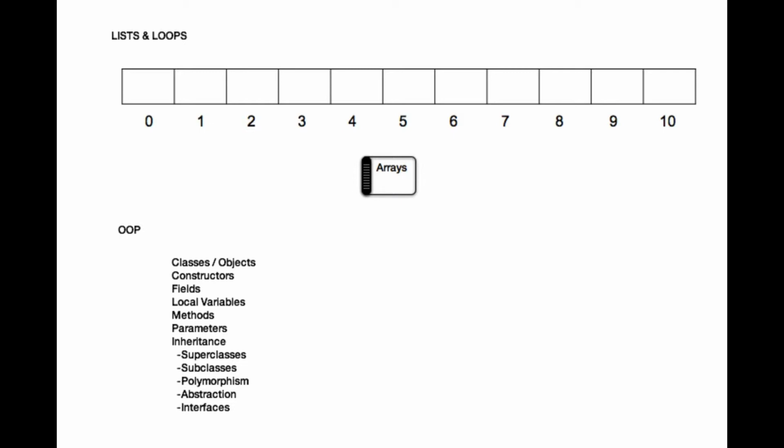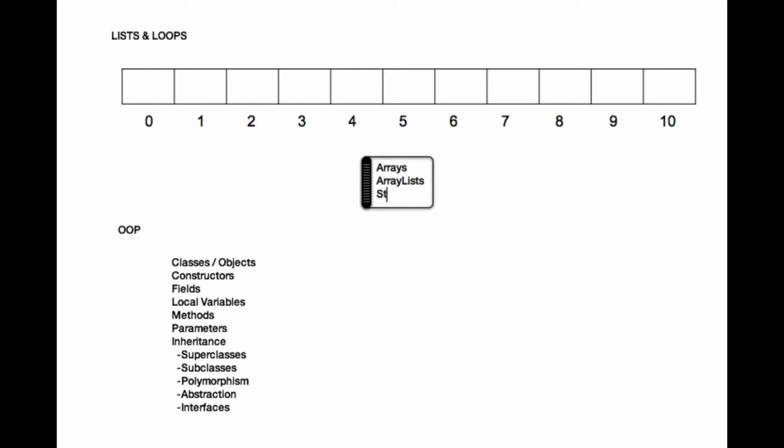Then array lists, which are just sort of objectified arrays, a fully functional class with additional functionality, but they're backed up by arrays. Remember, we looked inside of array lists, and what do we find? We found an array.